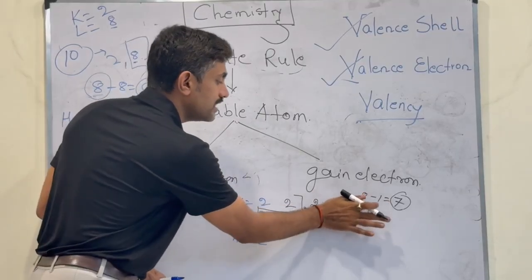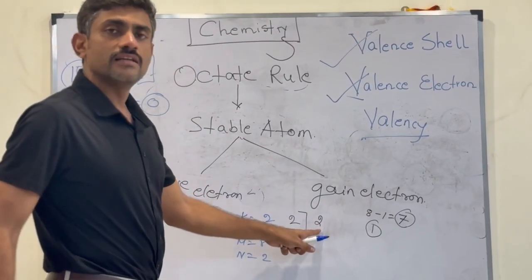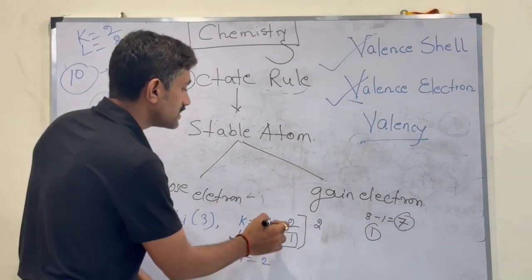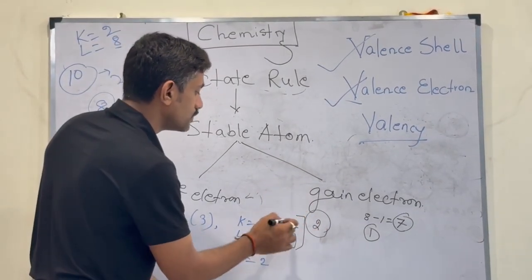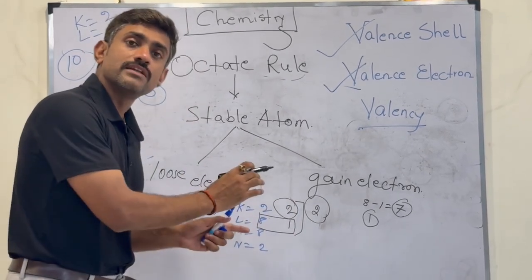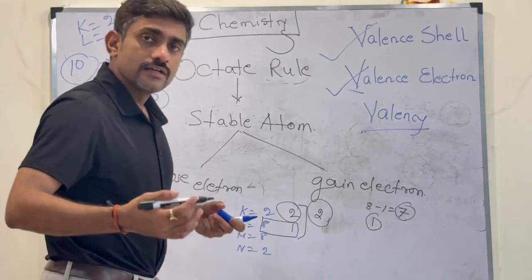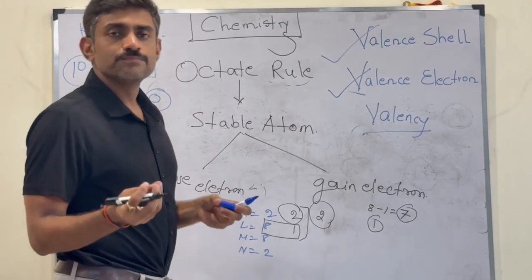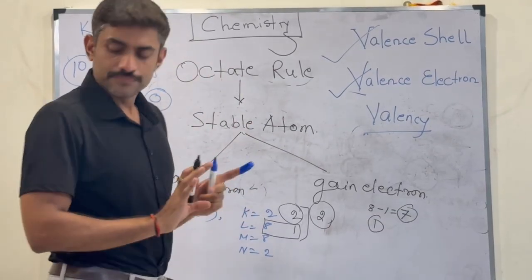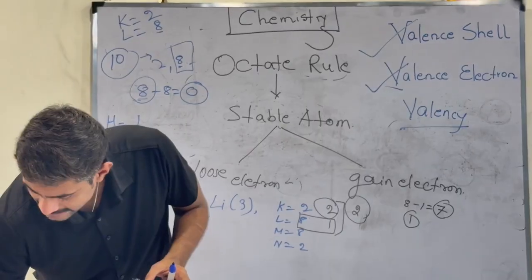If I lose 1 electron from here, it will become stable, because the outermost shell will then have 2. So whichever is the easiest process, removing or adding electrons, will decide the valency of that atom. You got the point? I'll give you the last example of valency.